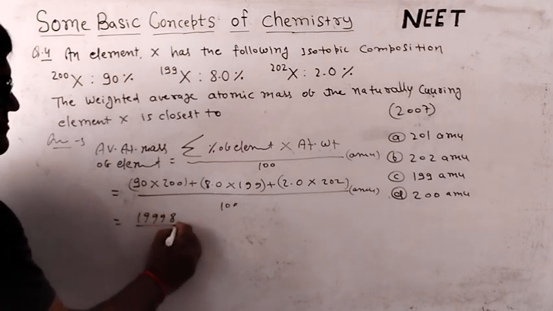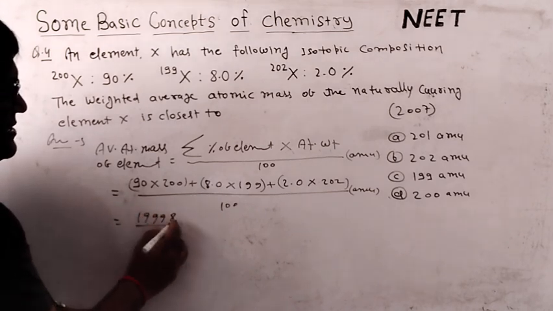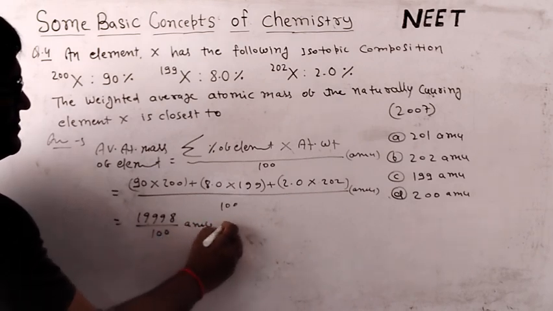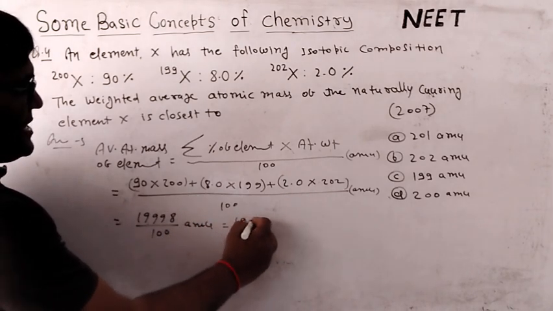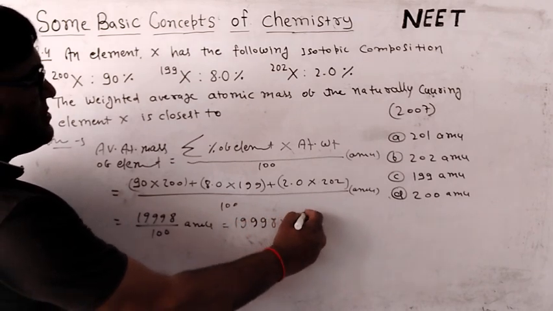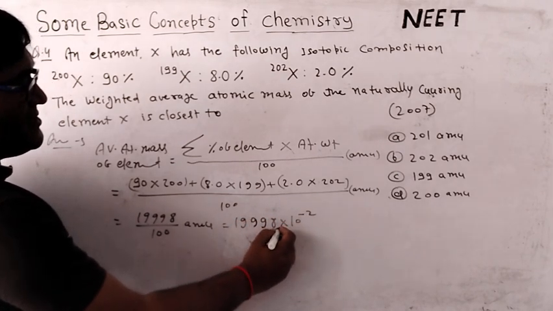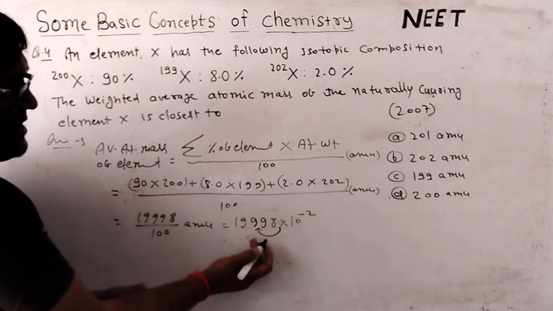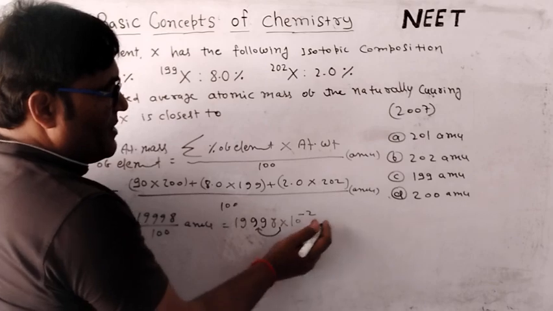Now, after calculation of these sums, we can get 19,998 divided by 100 AMU. Now 19,998 multiplied by 10 to the power minus 2. Now decimal is here, and after replacement of decimal from right to left, power become increased.